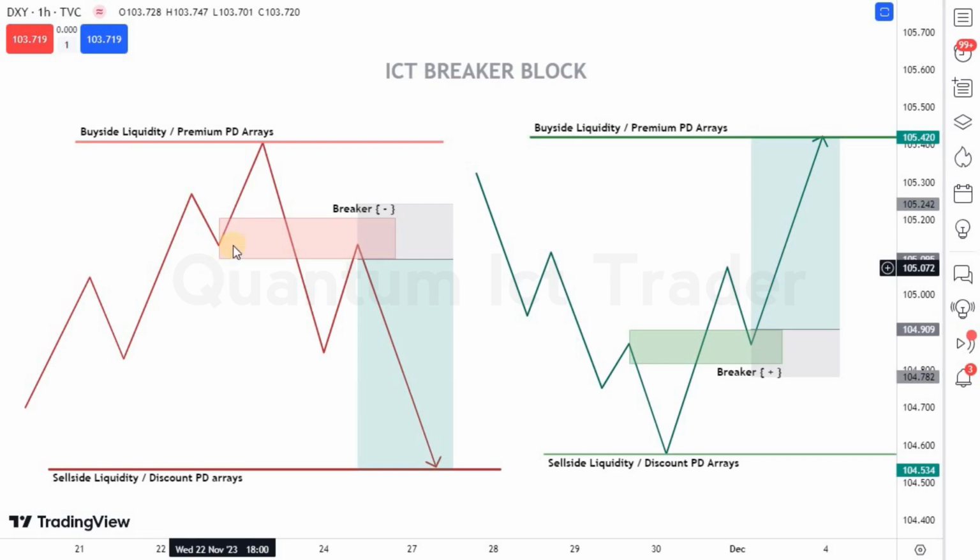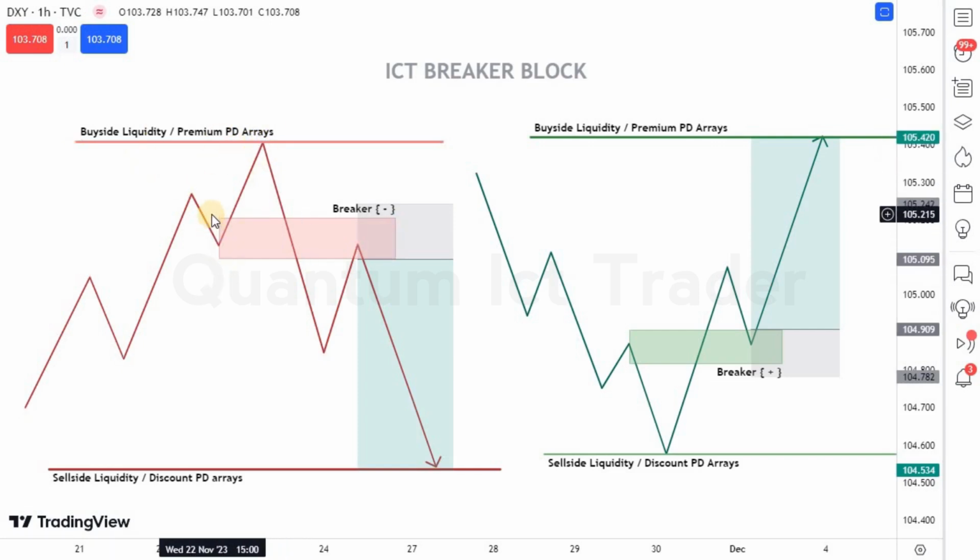An ICT bearish breaker block is when price makes a short-term high before taking some buy-side liquidity or going into some premium PDRs, and then after taking that buy-side liquidity, price breaks lower and breaks the short-term low that was created before price hit that buy-side liquidity or went to that premium PDRs.